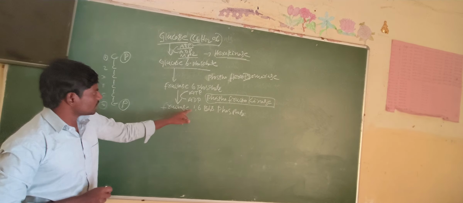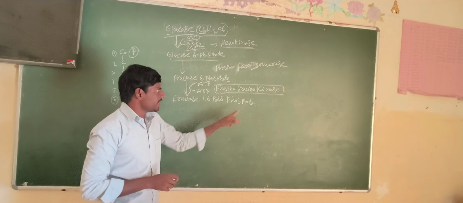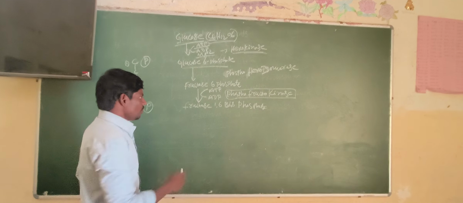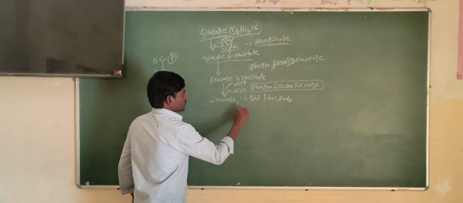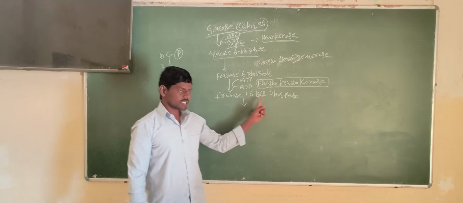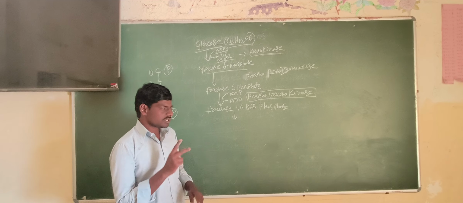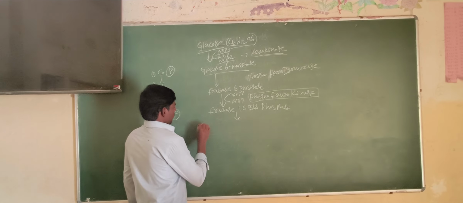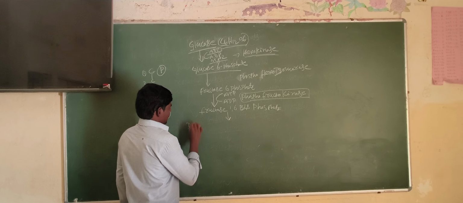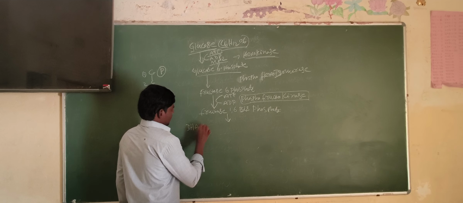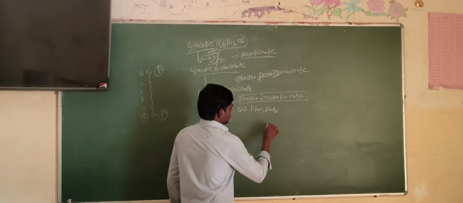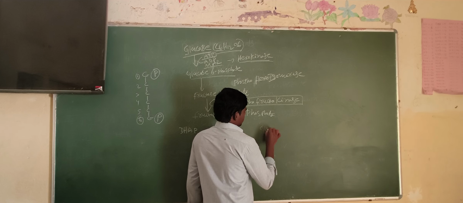This fructose 1,6-bisphosphate is bifurcated into 2 molecules of triose phosphate. One is DHAP, another is glyceraldehyde 3-phosphate.